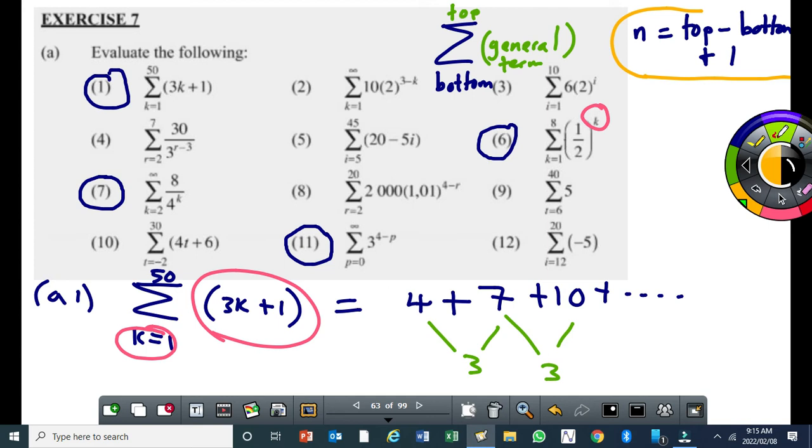So here we have k equal to 1 and the top is 50. So our number of terms will be 50 minus 1 plus 1, which is 50. Are you following? 50 minus 1 plus 1 is equal to n, the number of terms, and this gives you 50.